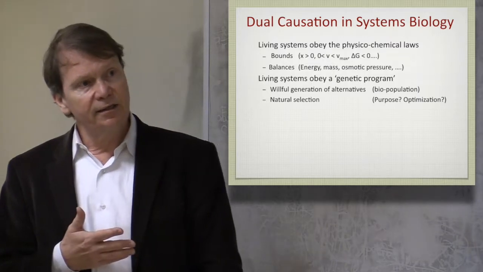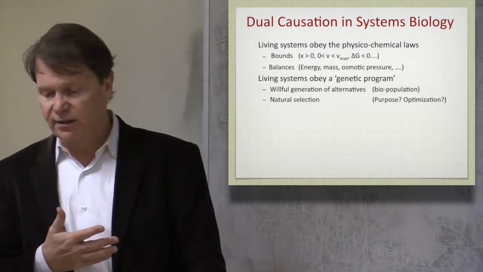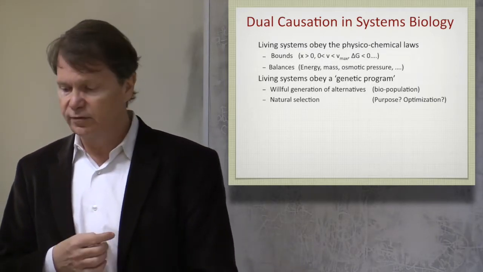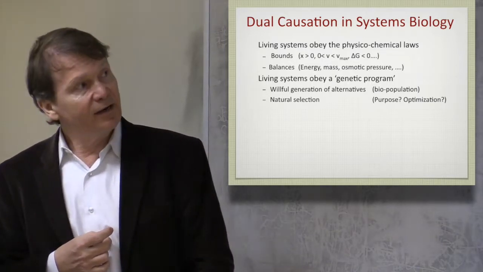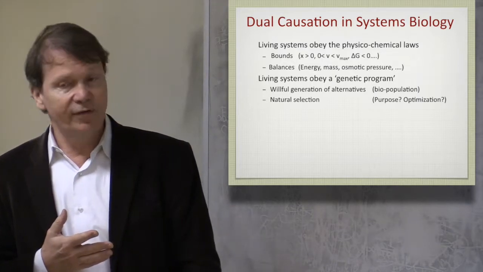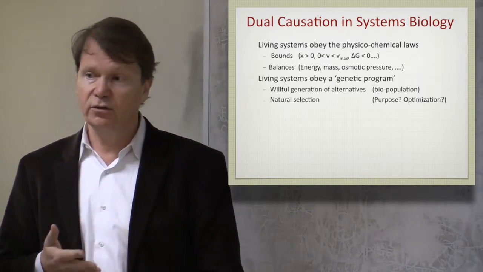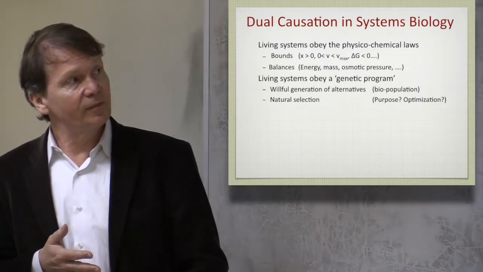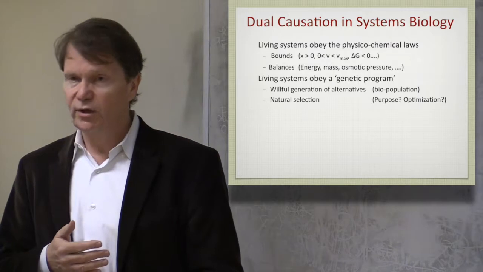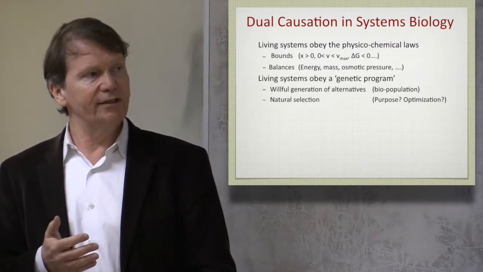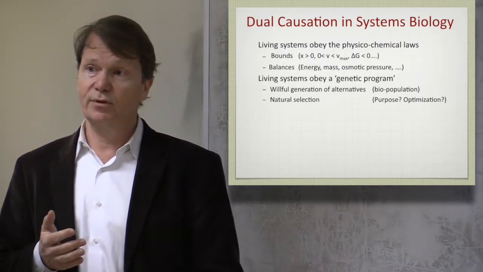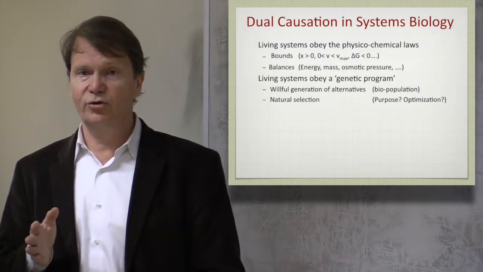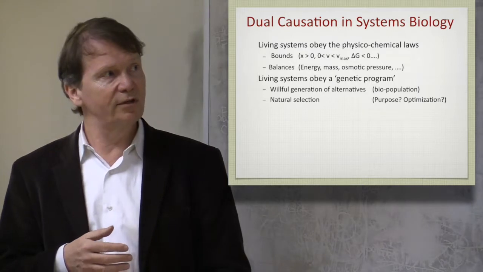Then, like I said, at the same time, living systems obey a genetic program with successive generations, and involved in that is willful generation of alternatives, like recombination during meiosis, as an example, and that leads to natural selection, which really, when you look at it, is actually a mindless process, but when you look at it at a distance, it looks like it has a purpose, it looks like it has an objective, but that's just the clearing of the bad alternatives and the selection of the good alternatives.